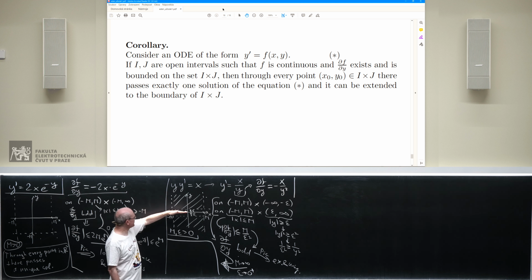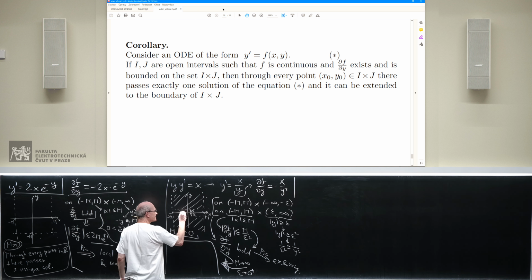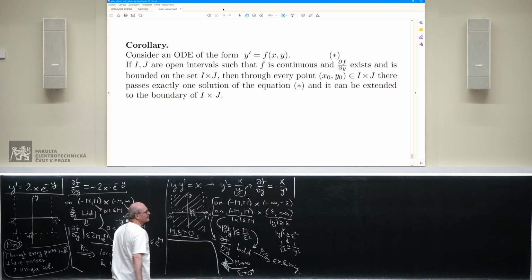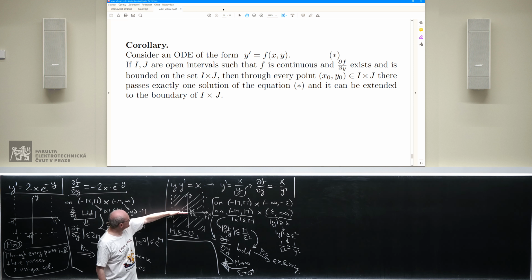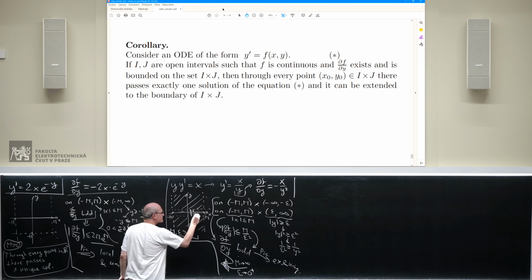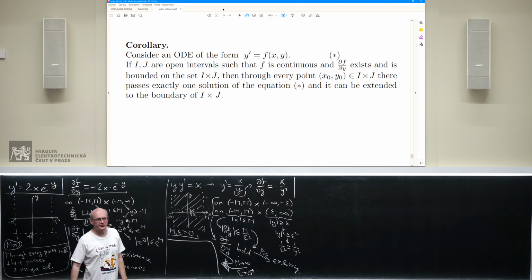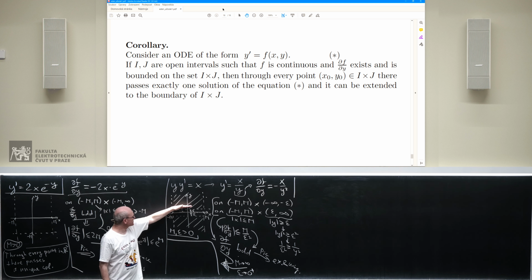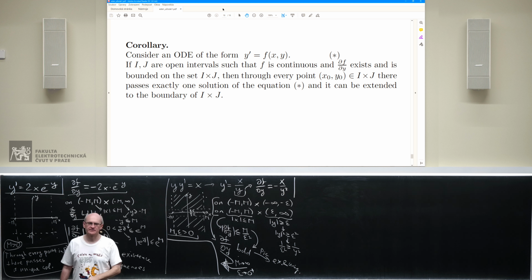Either it is on the x-axis, and then we know it's out, or it's away, and then there must be a positive distance. And when there is a positive distance, you can always take half of it as your epsilon, and the rectangle moves so close to the x-axis that it swallows up this little guy. And if you take something which is even closer, again, you take epsilon smaller. So you can get arbitrarily close to the x-axis and cover everything with the exception of the x-axis.